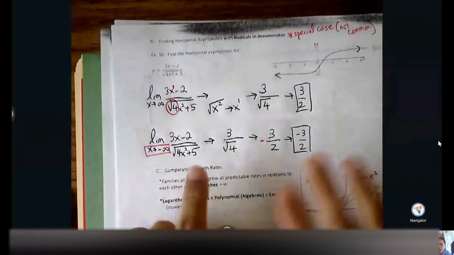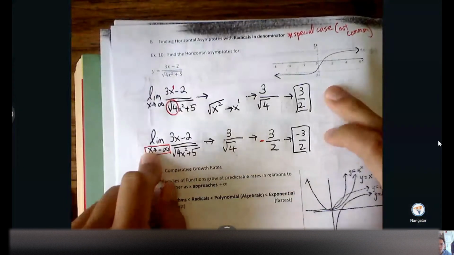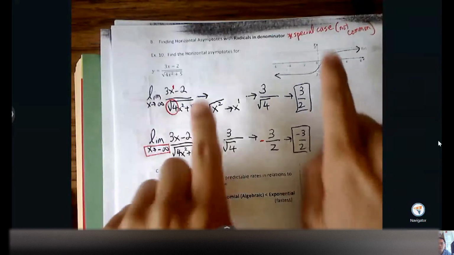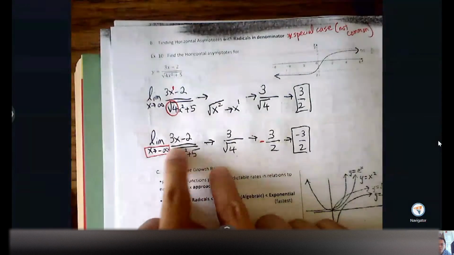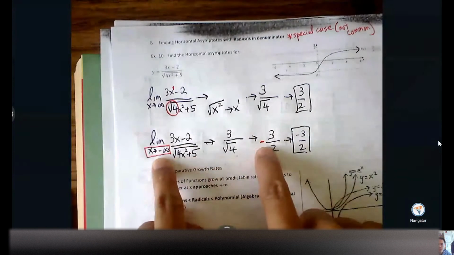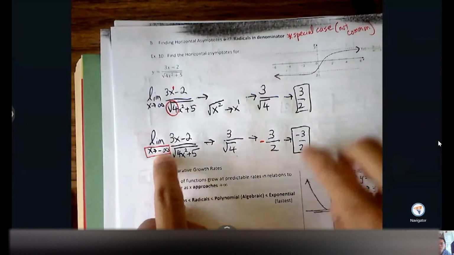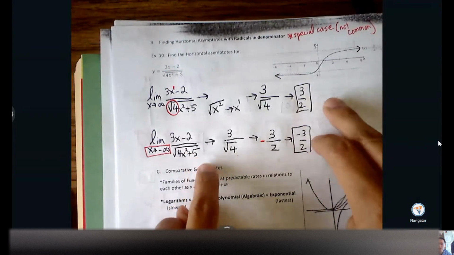I know on the first page I kept stressing that if the degrees are the same, we don't change the signs. I just got done saying that. But this is a special case. This is a strange case where the square root is throwing everything off and causing a different sign to appear. So I want you to think of this as the exception to the rule. This is not the norm.